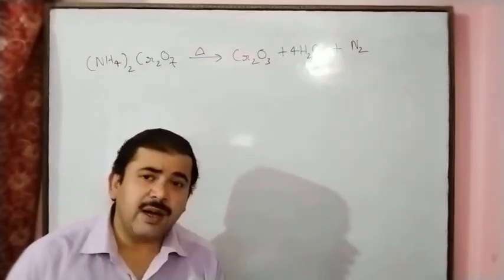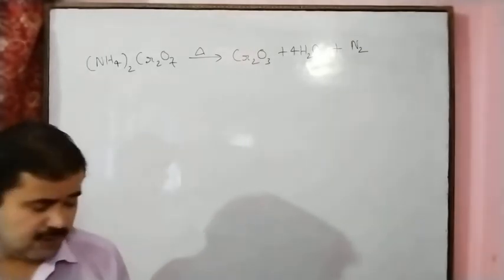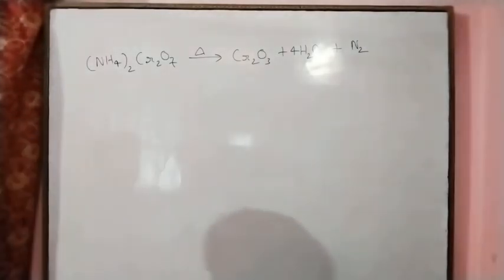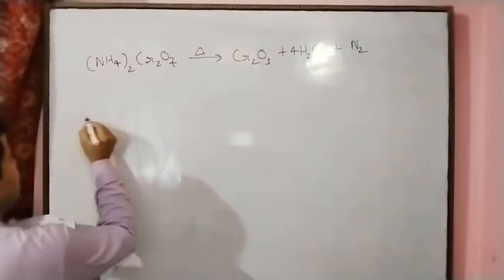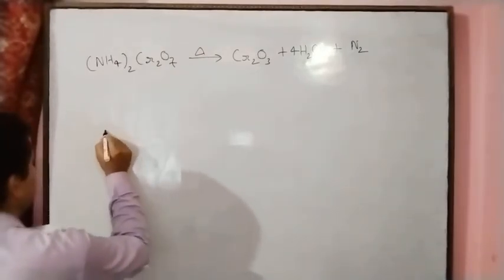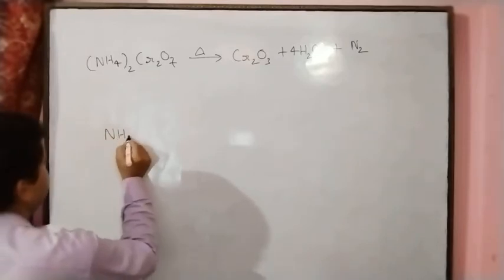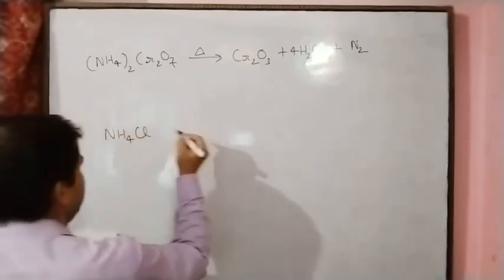And after this, the thermal dissociation reaction. One example given here is NH4Cl, ammonium chloride.